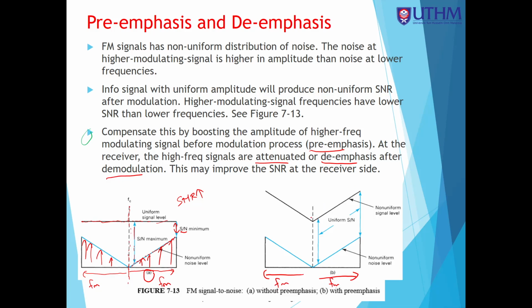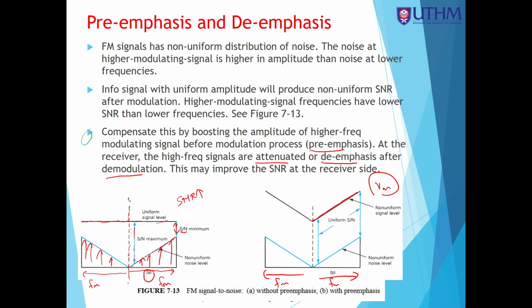We need to increase the value of the input signal, which is the Vm, so that at higher modulating signal frequency we get a higher amplitude, so that the SNR would be uniform. The SNR would be increased compared to without increasing the amplitude.